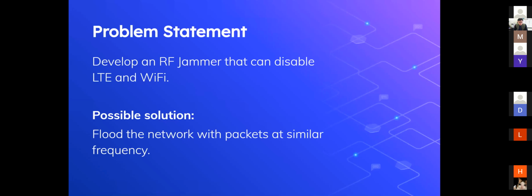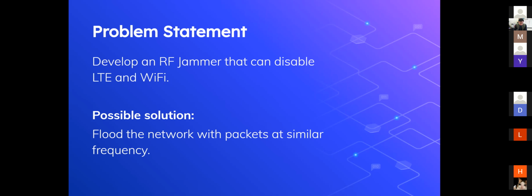but here's my approach and plans for the final project. The first problem statement is to develop an RF jammer that can disable LTE and Wi-Fi. My possible solution is to flood the network with packets at similar frequency.